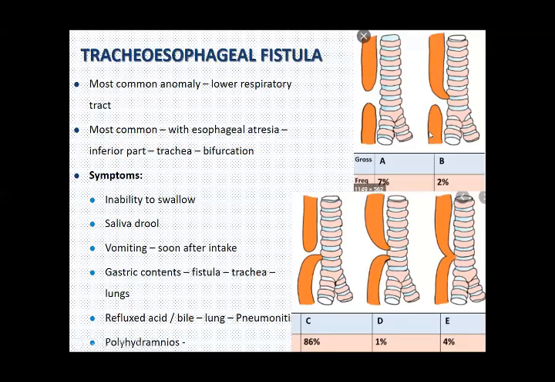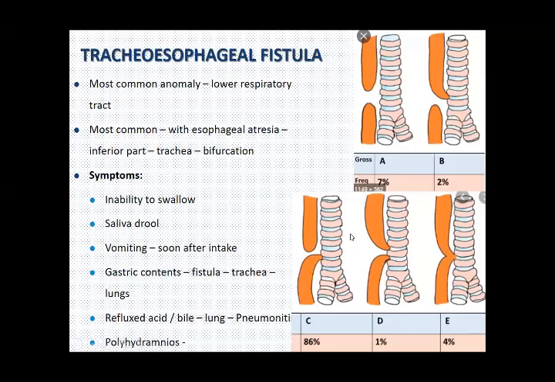The lower end is blind-ended. With the result, whatever the child swallows goes into the trachea. Once again, trachea से bronchi, फिर lungs में ultimately. Once again, pneumonitis होगा. यहाँ पे ये है कि जो gastric contents हैं या duodenal contents हैं, bile etc., that will not come out and go into the trachea.